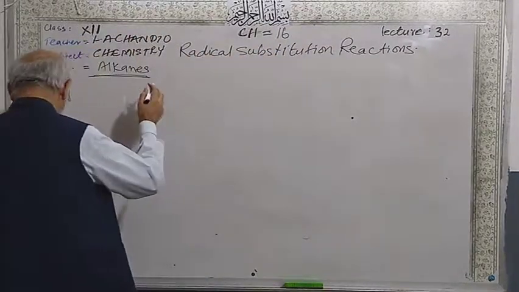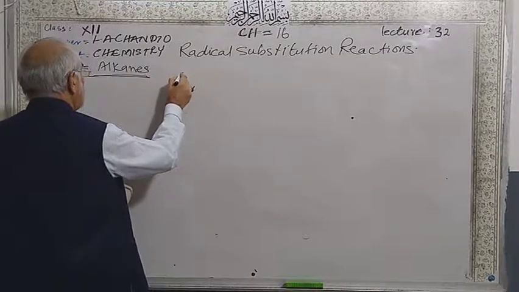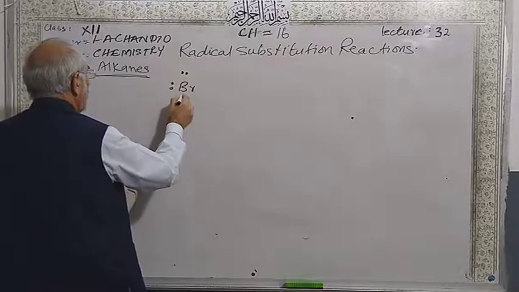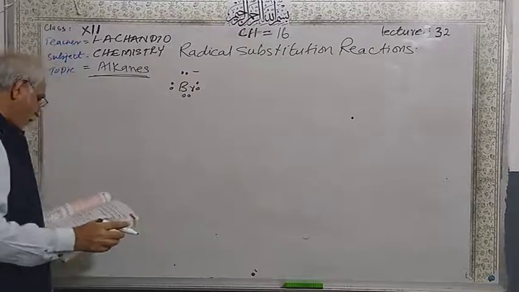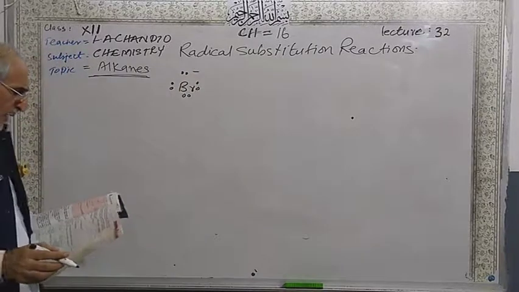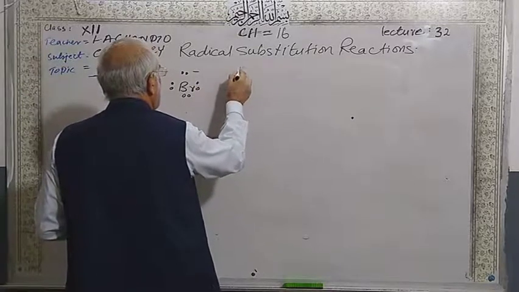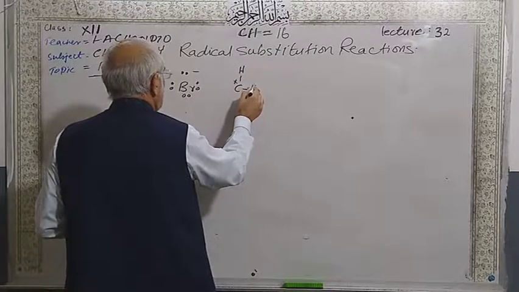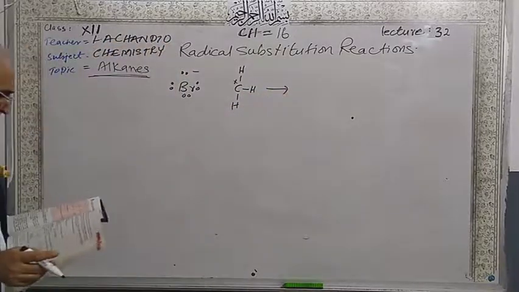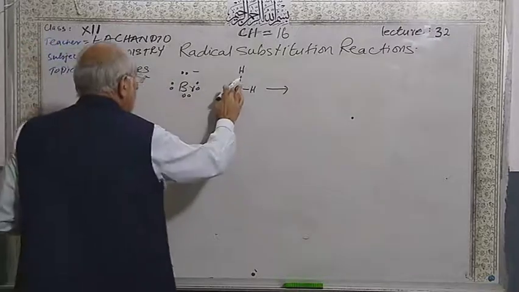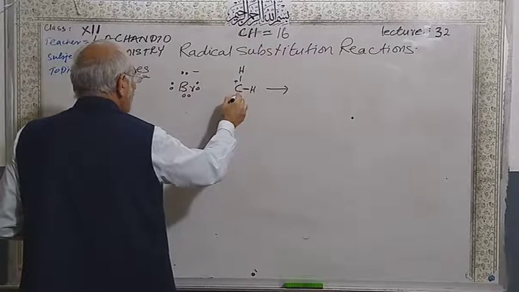Suppose this is a bromine radical, and this is a methyl radical. There is a deficiency of one electron.